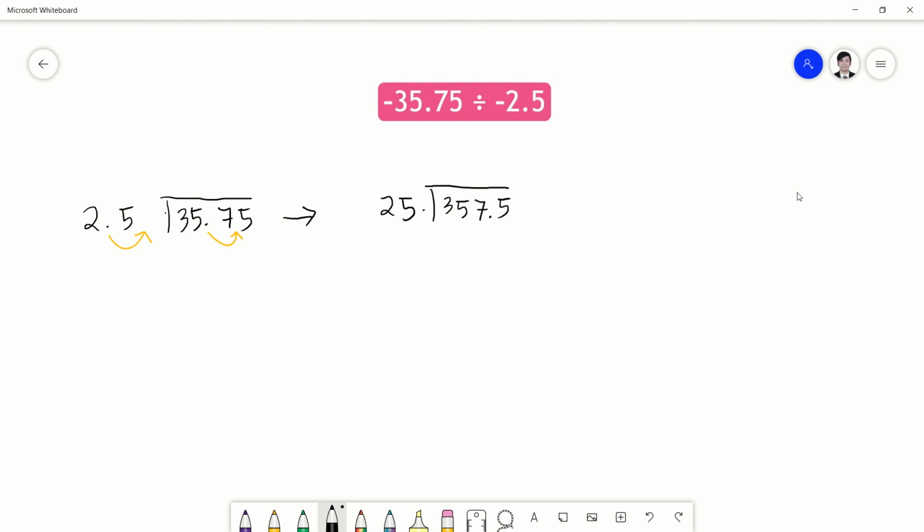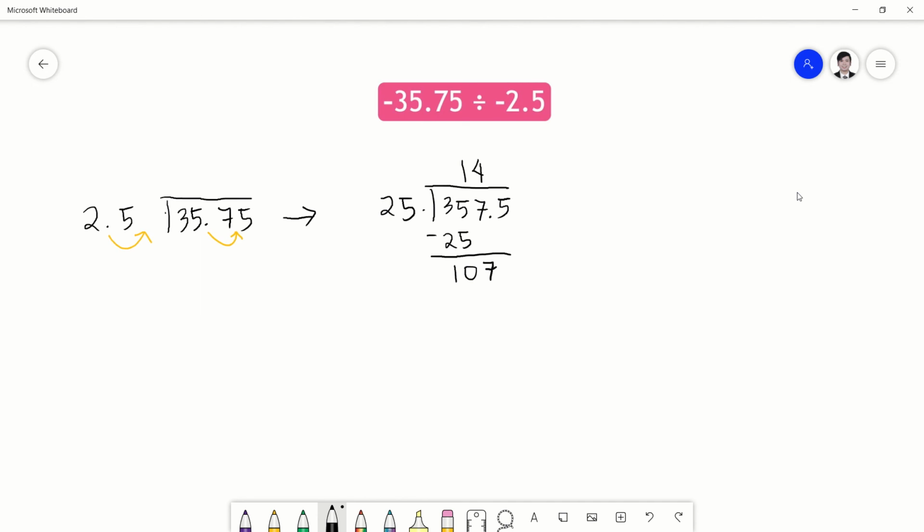Let's start dividing. 35 divided by 25 is 1. 1 times 25 is 25. Then 35 minus 25 is 10. And then we bring down 7. 107 divided by 25 is 4.